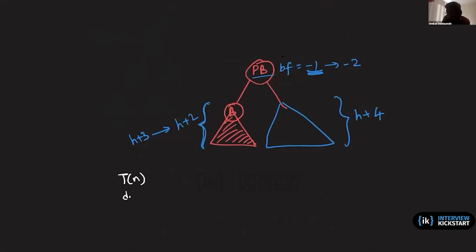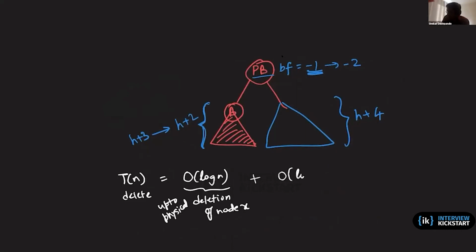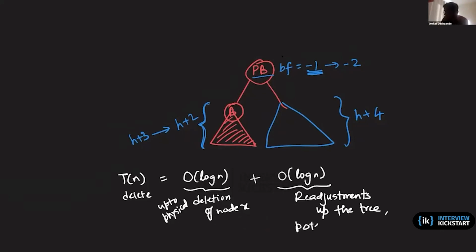Time complexity for deletion is order log n for the physical deletion of node X, and then potentially order log n more time for readjustments up the tree, potentially up to order log n rotations.